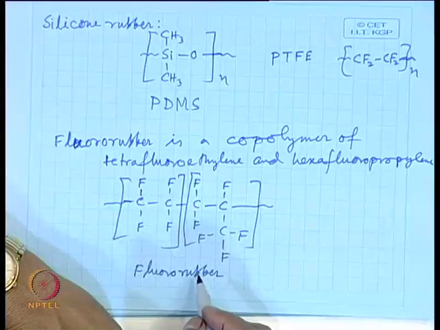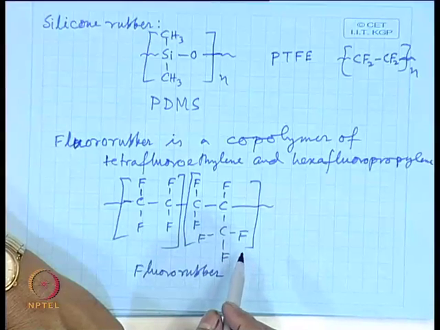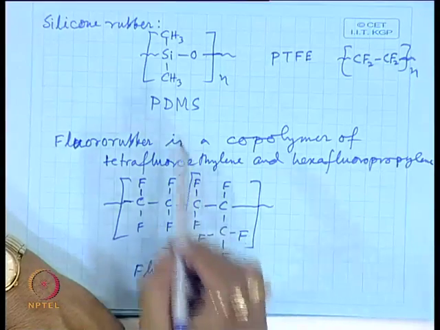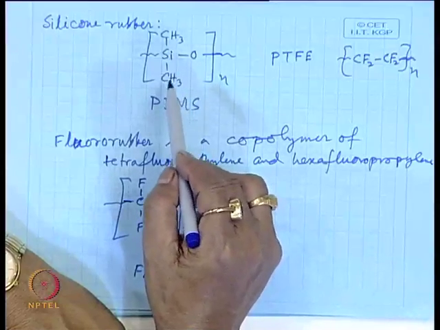There may be other types of fluororubber possible. Again we can have fluorosilicone rubber. Just replace these hydrogen atoms by fluorine, you will have fluorosilicone rubber.